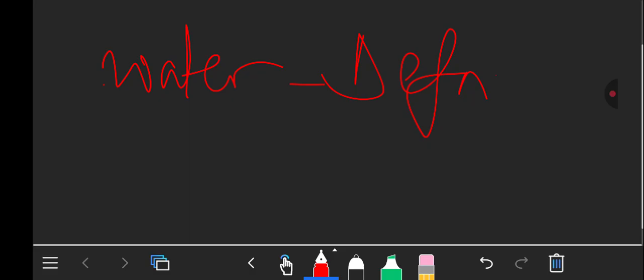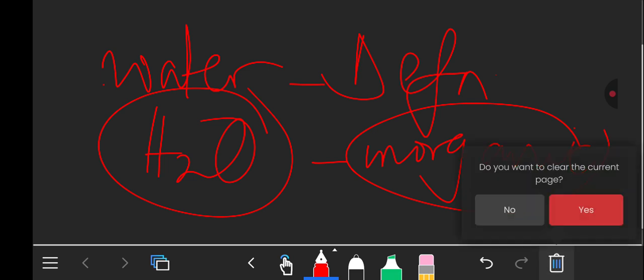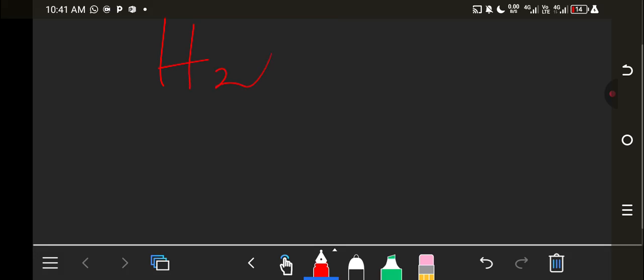So when you're talking about water, we need first to understand what makes water. Okay, this is the chemical formula of water and the inorganic property of water. So these two important things can help us define water. So what is water? This is H2O.